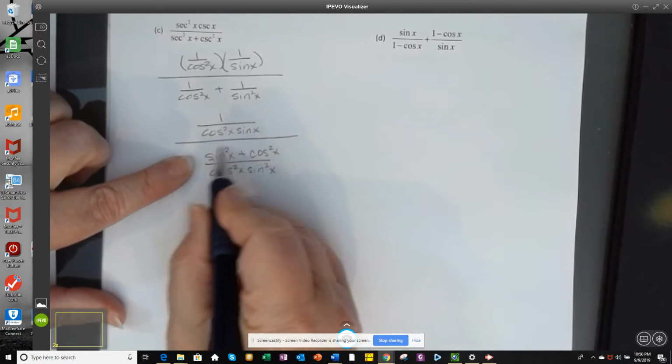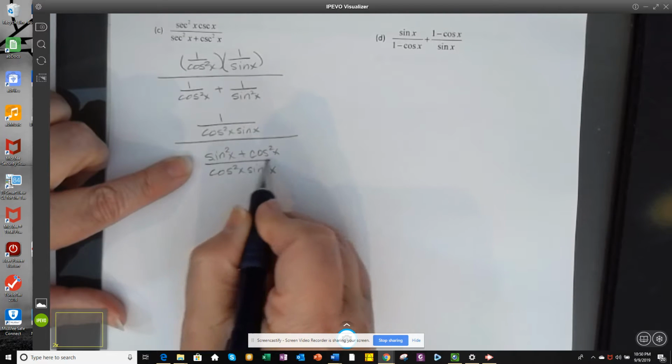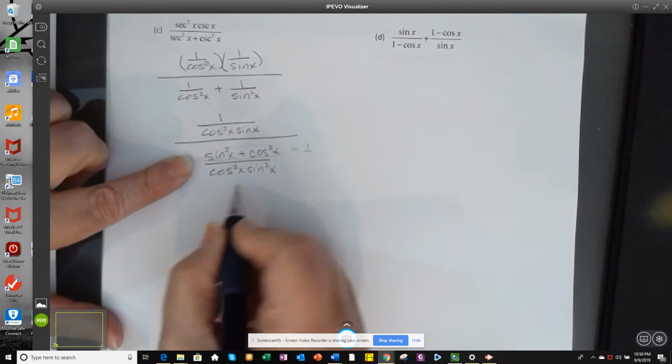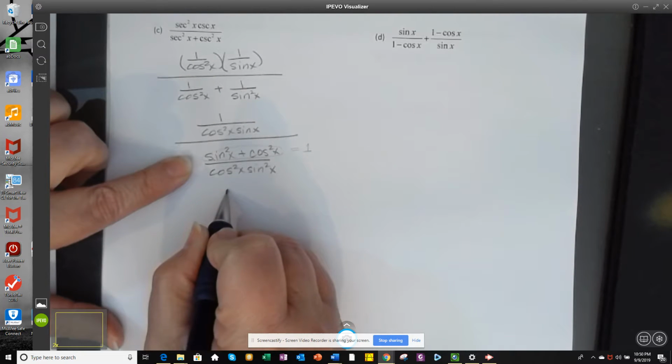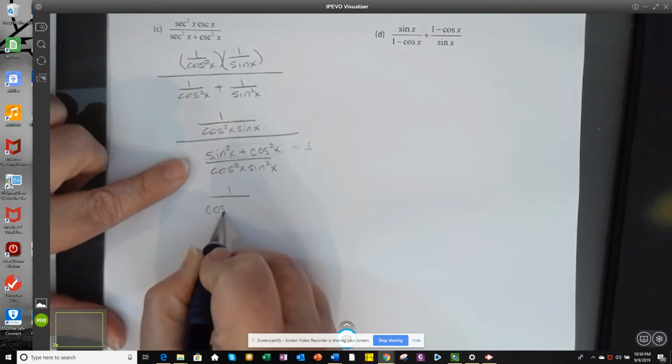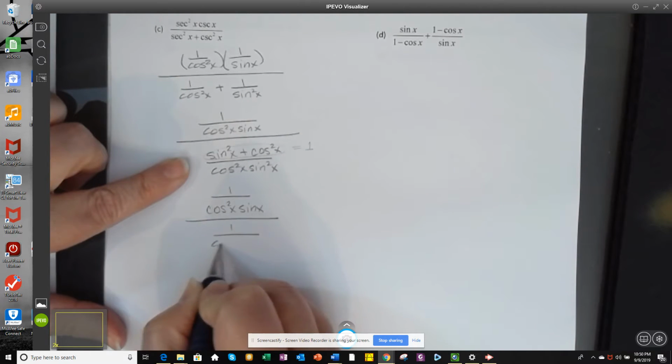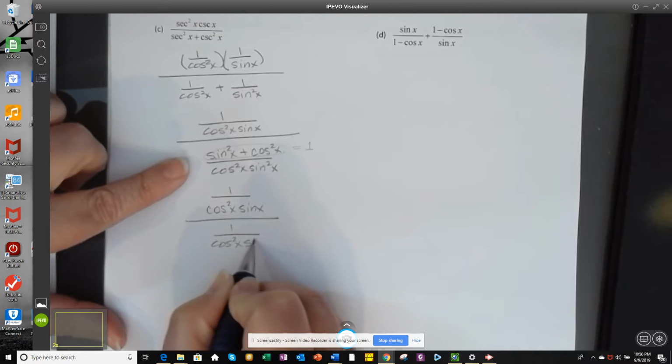And what do we see? We see something wonderful just happened. This right here is equal to 1. So I can say that this is equal to 1 over cosine squared x sine x over 1 over cosine squared x sine squared x.